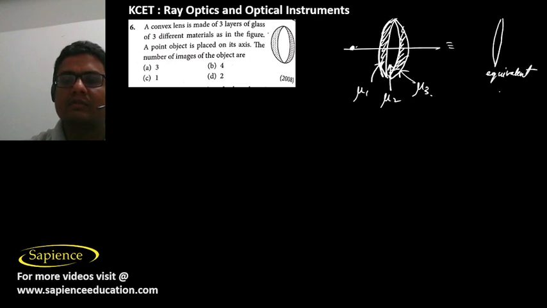So only one image will be formed. Option C is the correct answer.